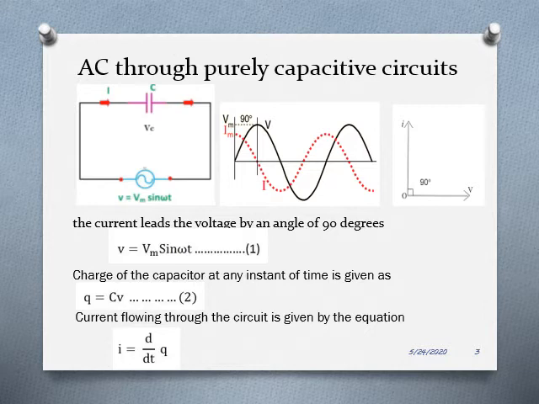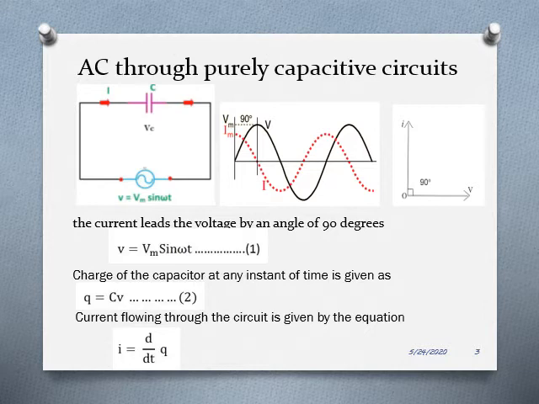Now let the applied voltage V be equal to Vm sin omega t, which is nothing but the Vc, the voltage that is appearing across the capacitor also. The charge of the capacitor at any instant of time is given as Q is equal to CV, where C is the capacitance, V is the voltage across that capacitance, and Q is the charge.